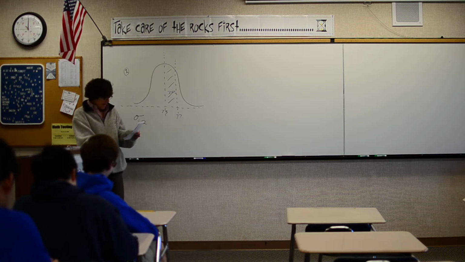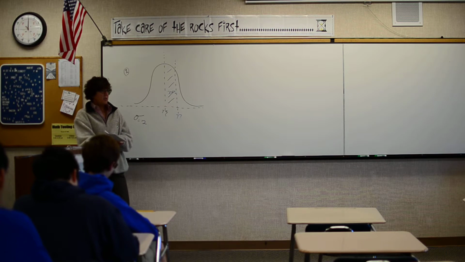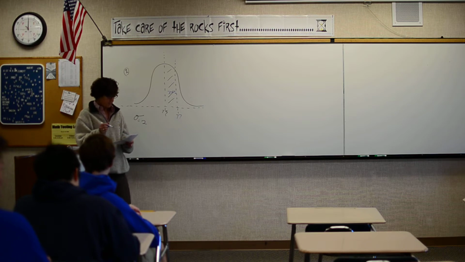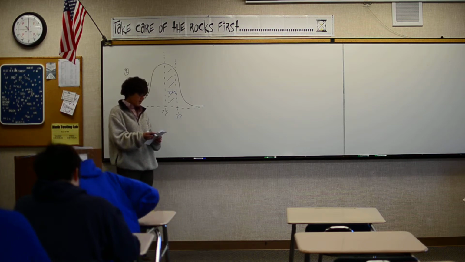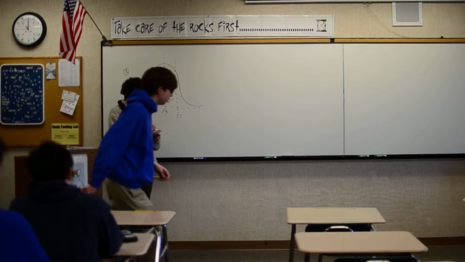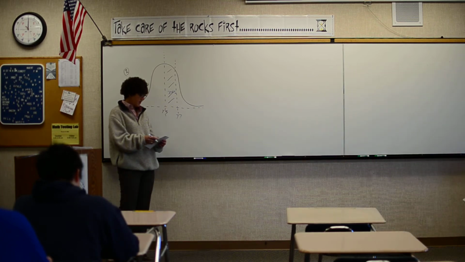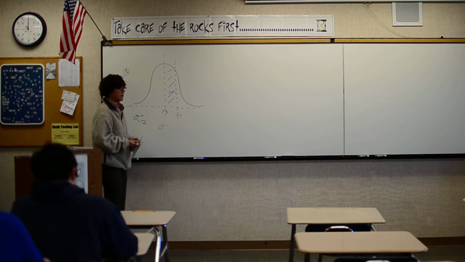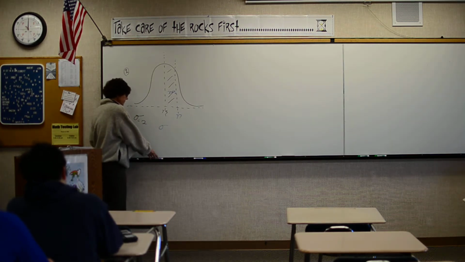And number 5: your z-score is the number of standard deviations you are away from the mean. It has to be standard deviations away from the mean. I'm not sure what notation you're using there for sigma. It's not an uppercase sigma, it's a lowercase sigma.